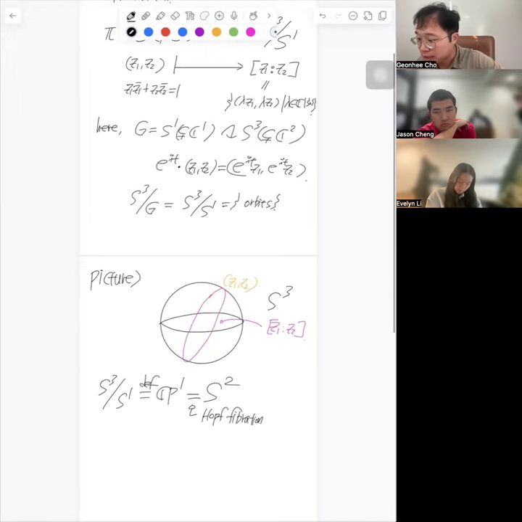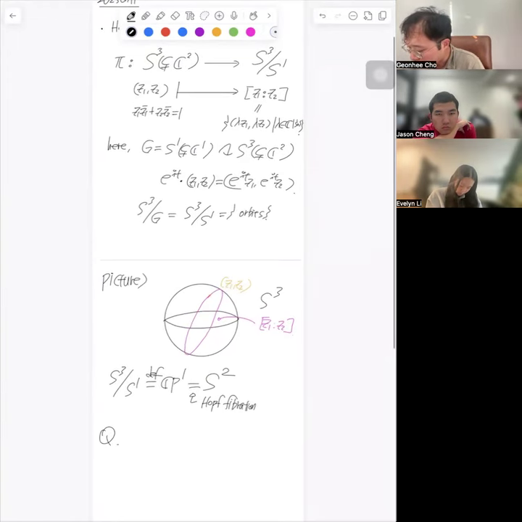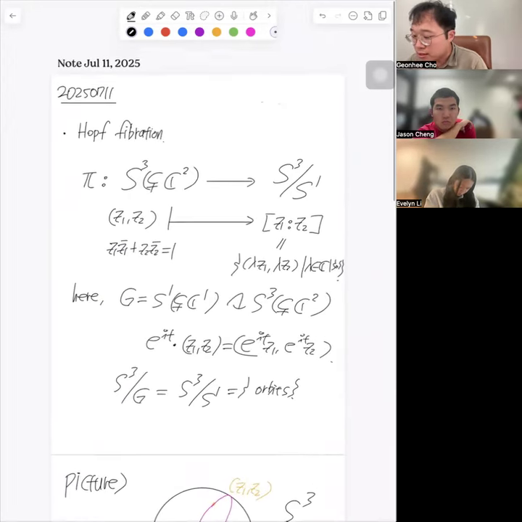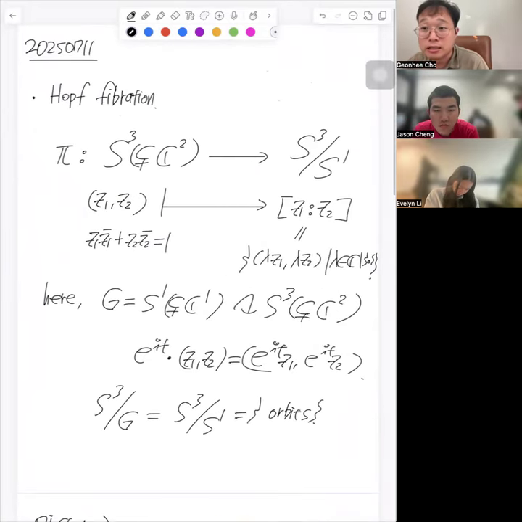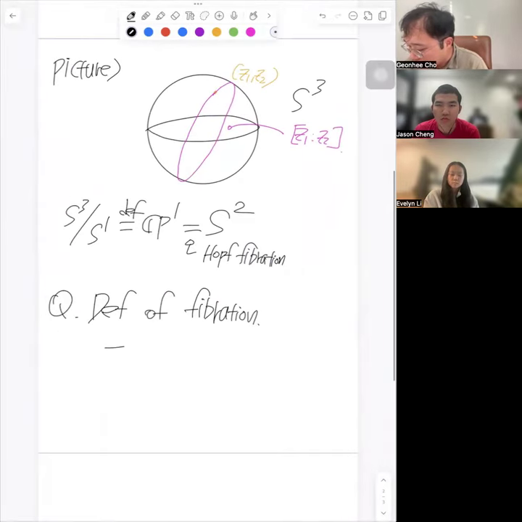So now let me go back to the question of Jason: the definition of the fibration. This is a very good question. All you need to know is this map pi. Is that okay with you? This map is now given. So I want you to think of this map in the following way. You have the map from S3 to S2. Is it okay with you?